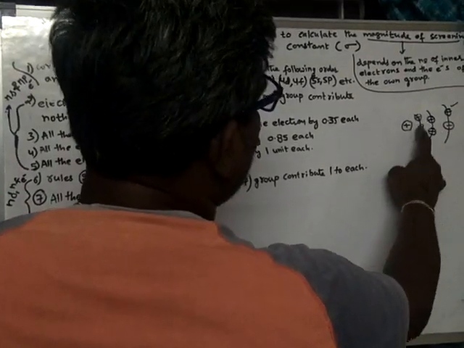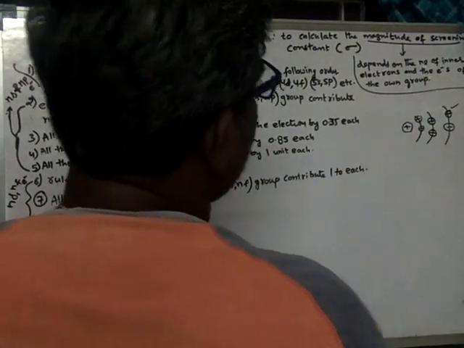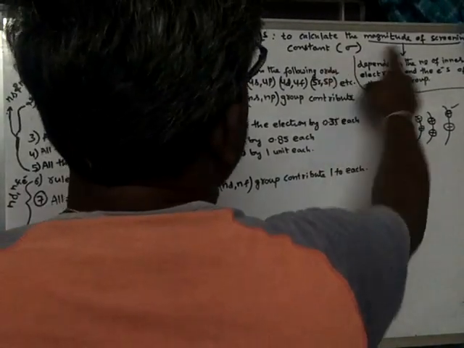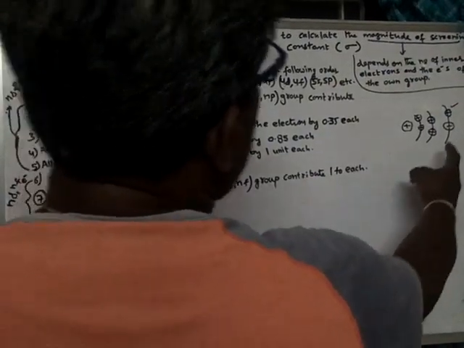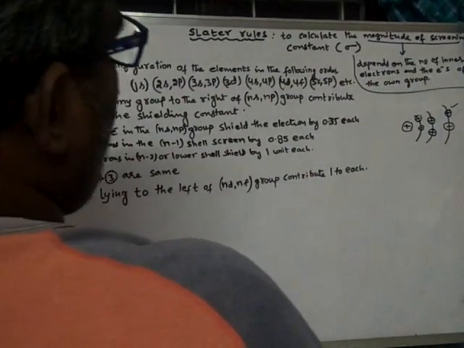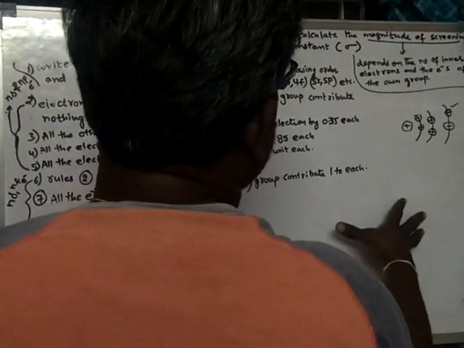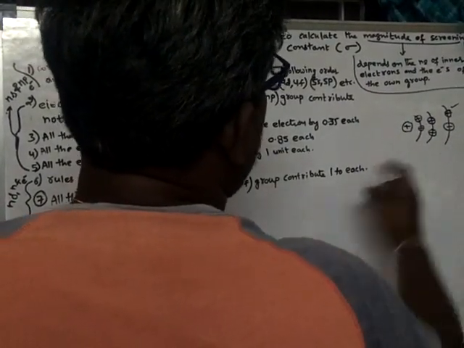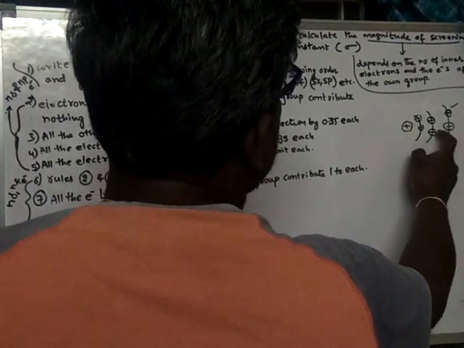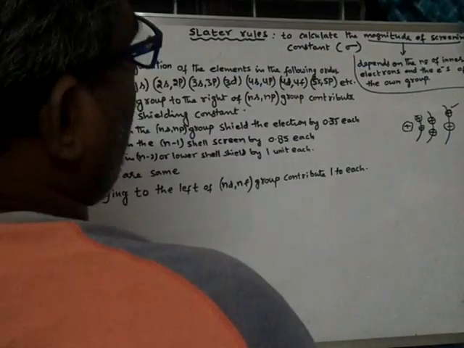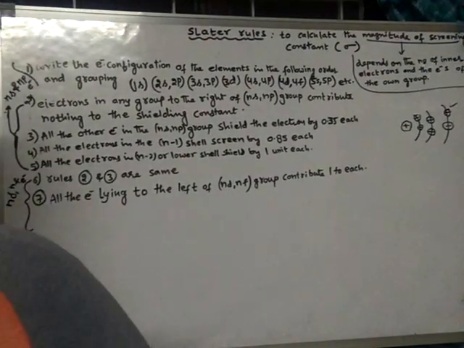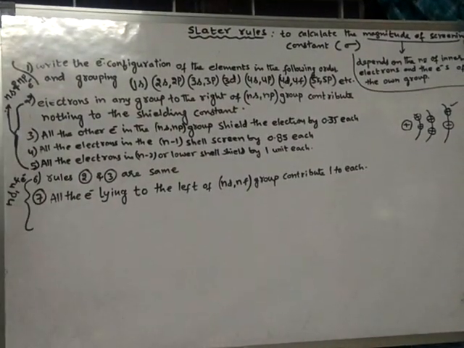Upon calculating the screening constant of all the electrons, we get the actual screening constant on this electron. So how to calculate it? Slater has given certain rules, and now we will learn those rules one by one.